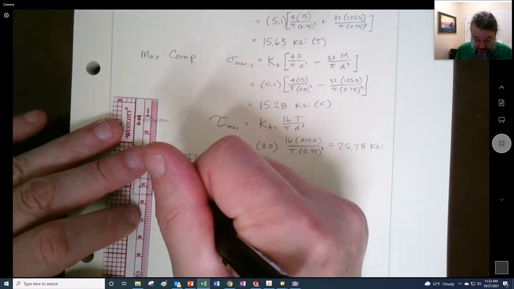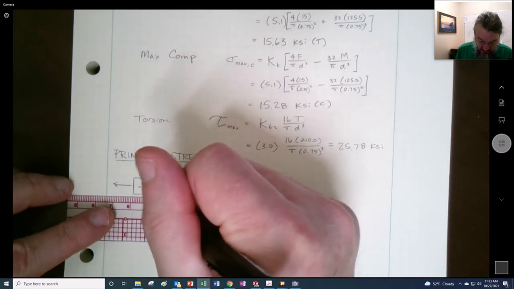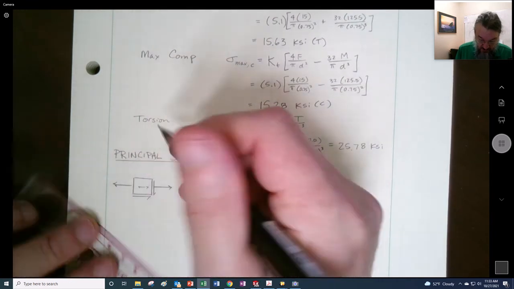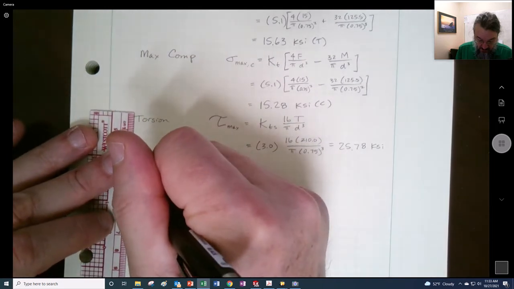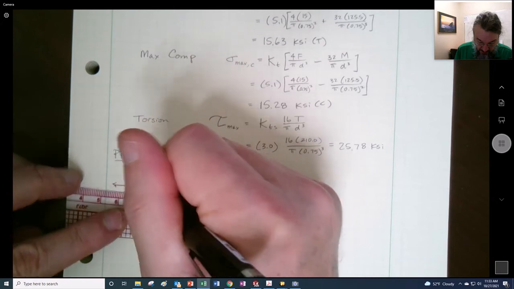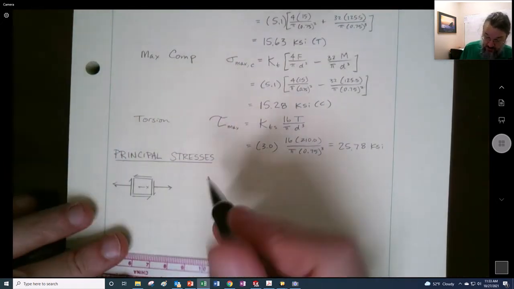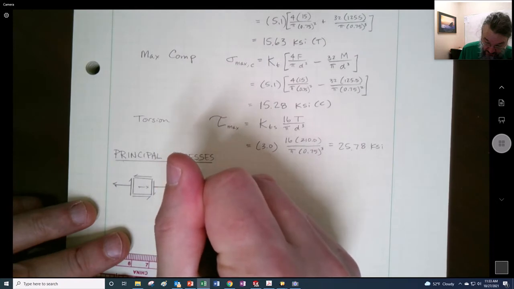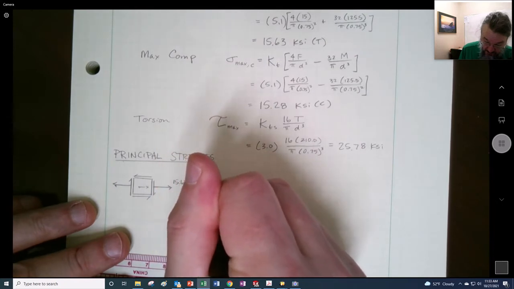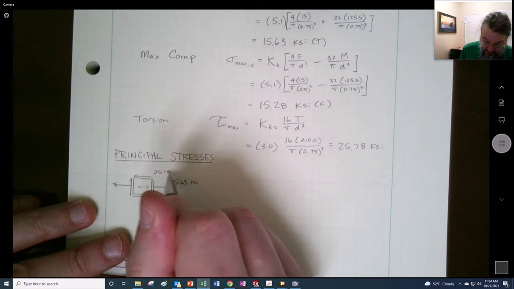And I think the stress element will always be like that right there because of the orientation of the torsion. So this is our 15.63 KSI and the 25.78 KSI.